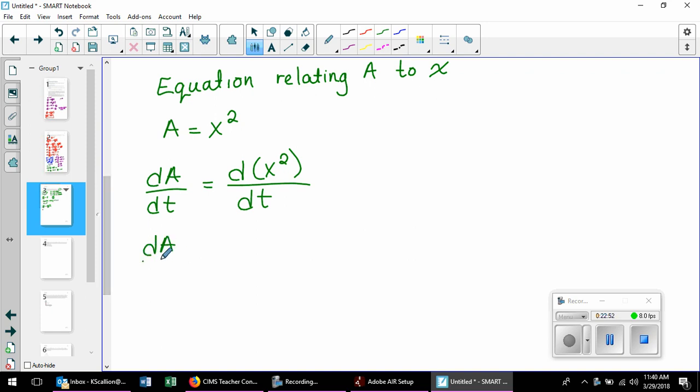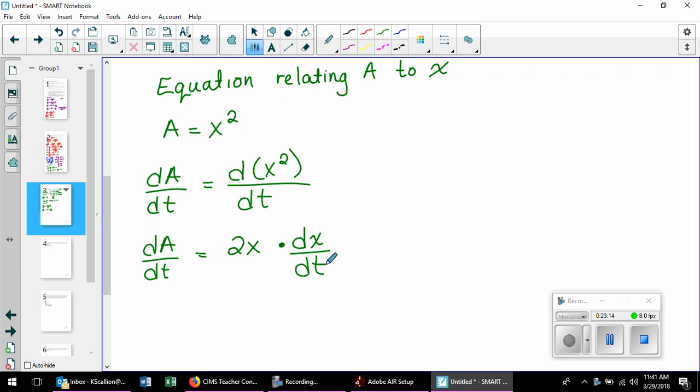So d of A over d of T is equal to, can you differentiate x squared for me? Brilliant. 2x times the rate, right? And you're already in the fancy group saying it's 4.